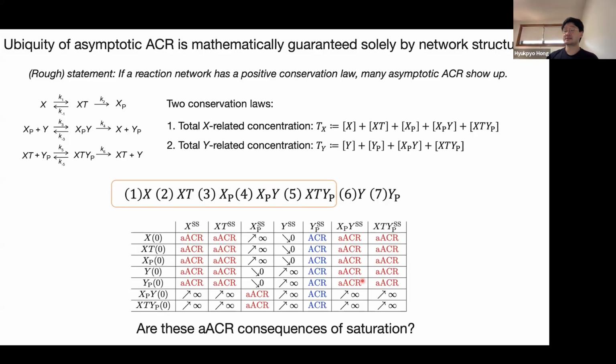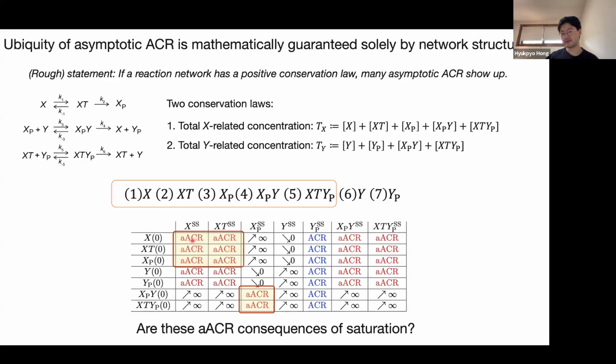To some extent, yes and no at the same time, because when we look at some other blocks like this, the notion of asymptotic ACR itself can show up in different conditions. For example, when I increase the level of X or XT or XP, in principle there is no guarantee that the steady state level of X is finite or converges to a strictly positive finite value, but it still shows asymptotic ACR behavior.